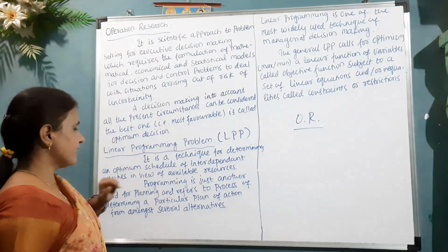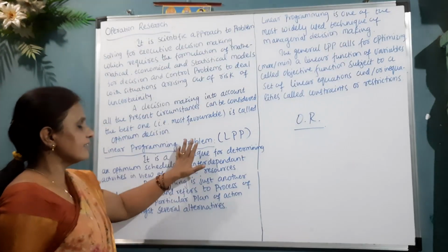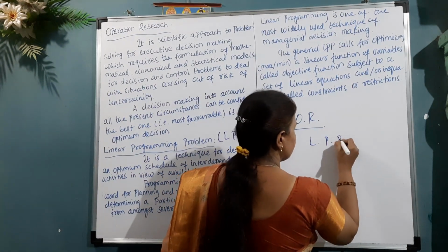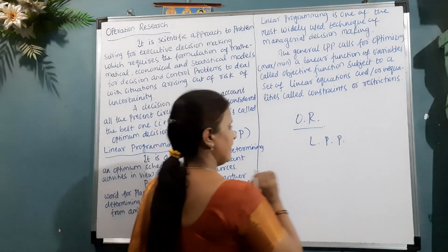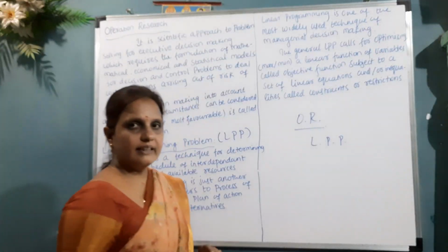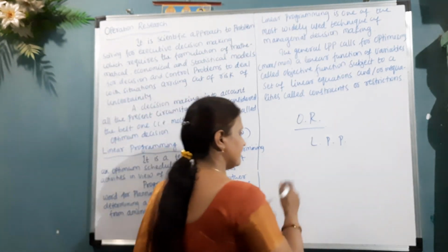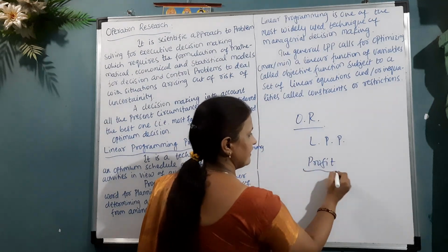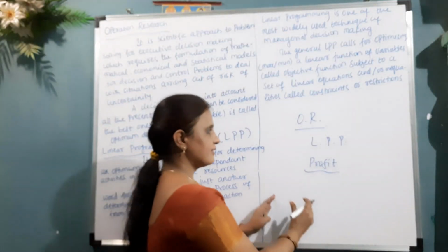So we are having further. Linear programming problem means, suppose we are having a certain problem. In that problem we want to increase the profit, and we are having certain resources.